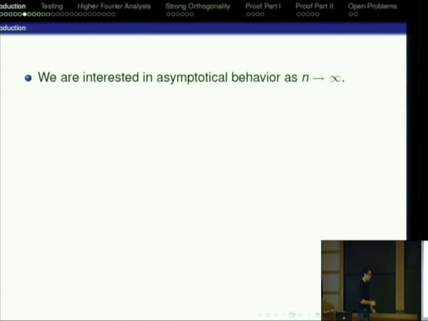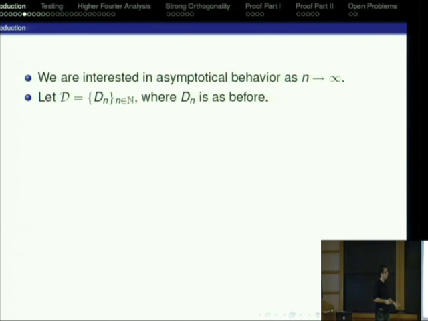Now, in general, we have a fixed p, and we are interested in asymptotic behavior of things as n goes to infinity. So instead of one set Dn, let me define a sequence of these sets. So let this calligraphic D be a sequence of these Dn's, where Dn's are as before.